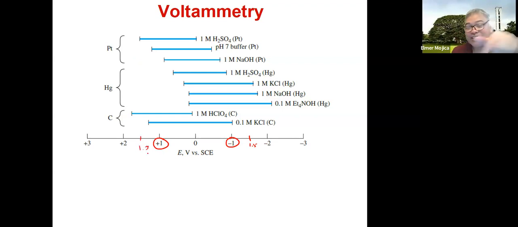You can look at it in the thesis that I gave you. So look at the difference. This is the counter electrode. The mercury here could be a working electrode, or if you put it with the KCl, that is the reference electrode, and then the carbon that you have here is usually a working electrode.